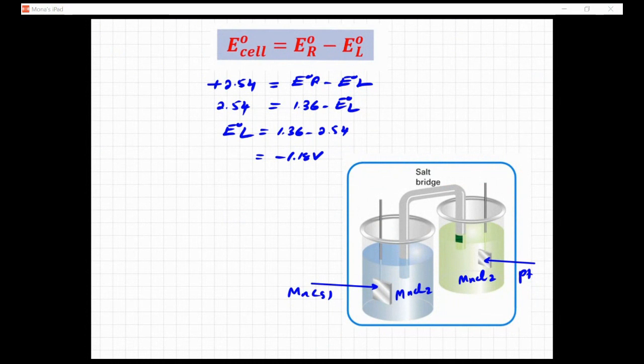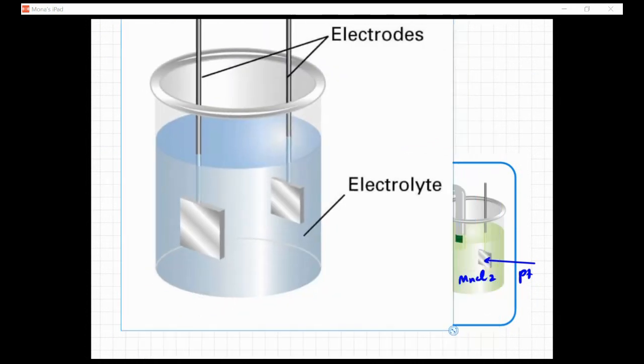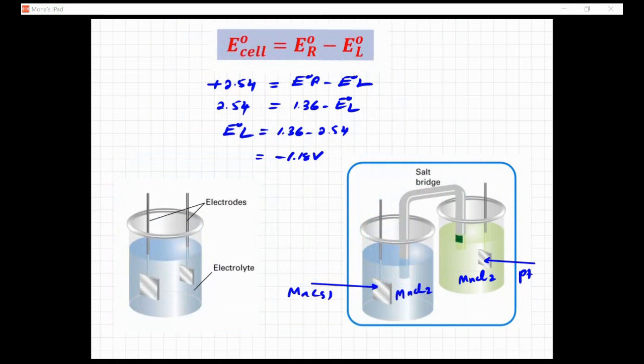So would it be convenient or reasonable that I put two compartments with the same solution? Of course, it's not going to be convenient. So I will have to use the setup where I have, for example, the Mn solid here, and the platinum solid here, and in the solution I have MnCl2.